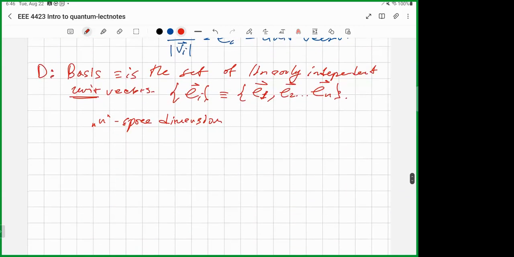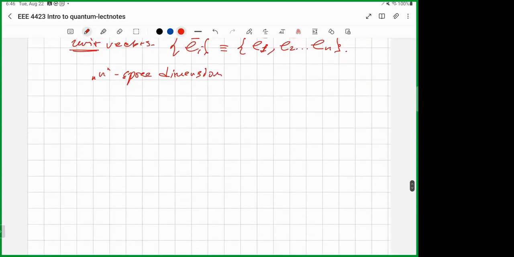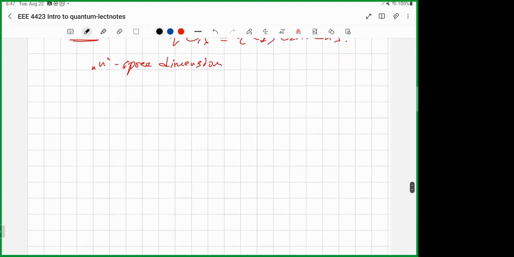So this e1, e2, e3 become i, j, and k in three-dimensional space. So let's again consider a three-dimensional space, not necessarily Euclidean, just any space.